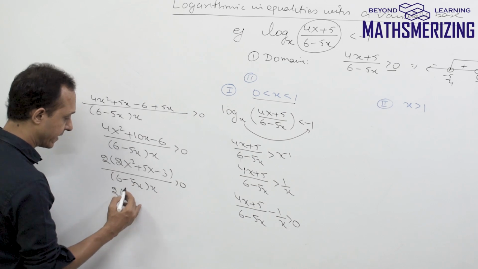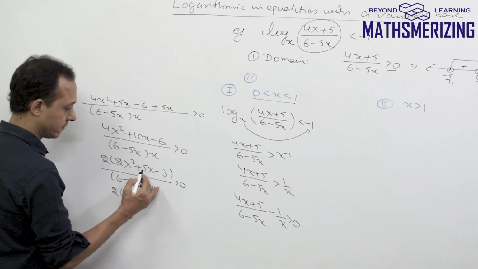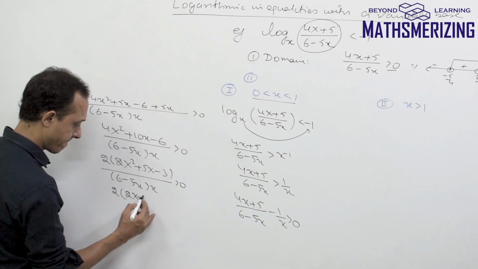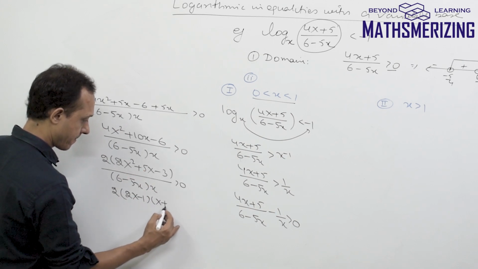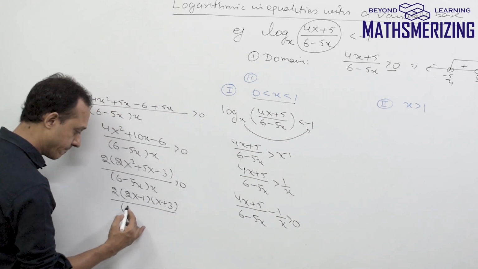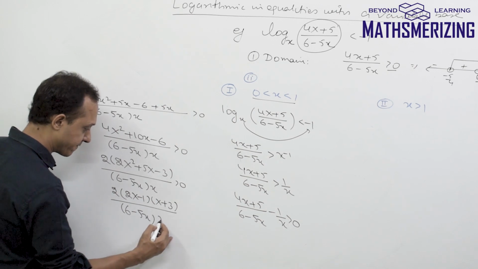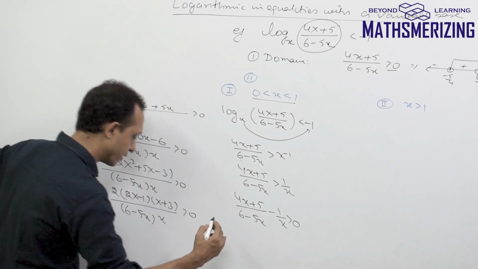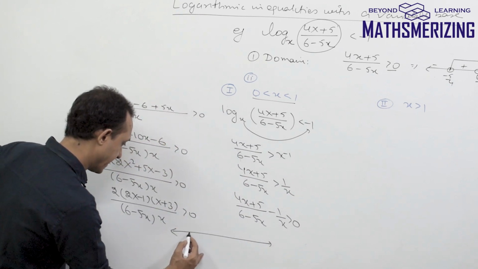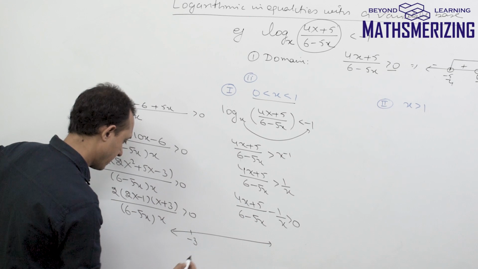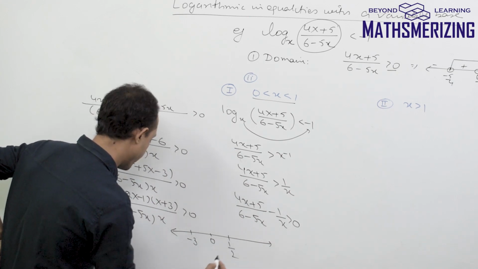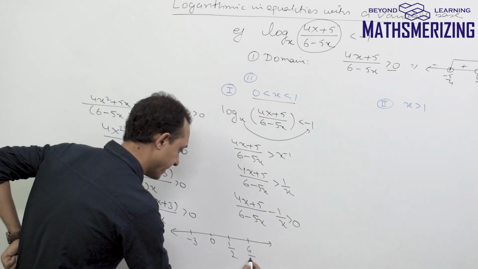So if I'll factorize it, I'll get this as 2x minus 1, x plus 3, 6 minus 5x and x, and it should be greater than 0. So I'll draw a number line. So I'll get minus 3, and then I'll get 0, 1 by 2, 6 by 5.